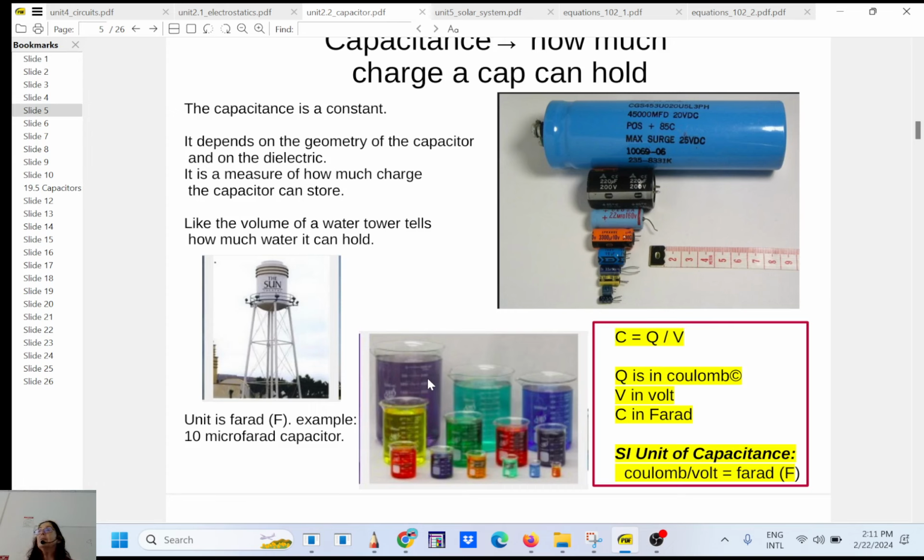For a capacitor, it works the same way. The capacitance is, by definition, the amount of charge per unit volt. You take a capacitor, you apply 1 volt, how many coulombs it can hold. That will be the capacitance.